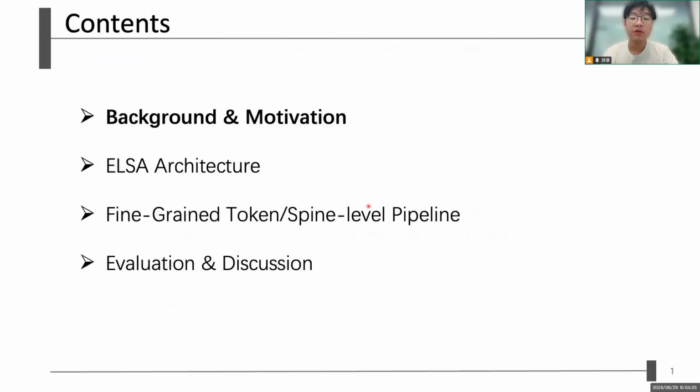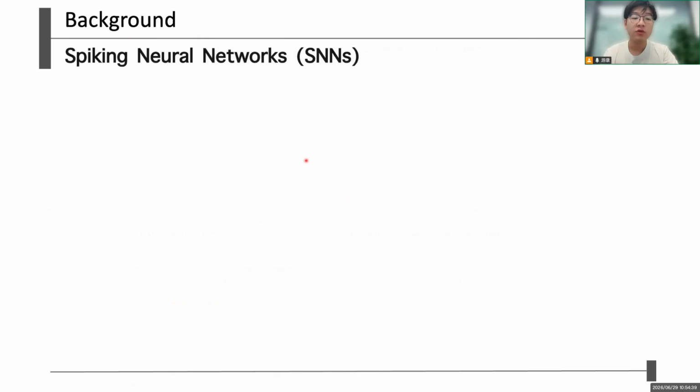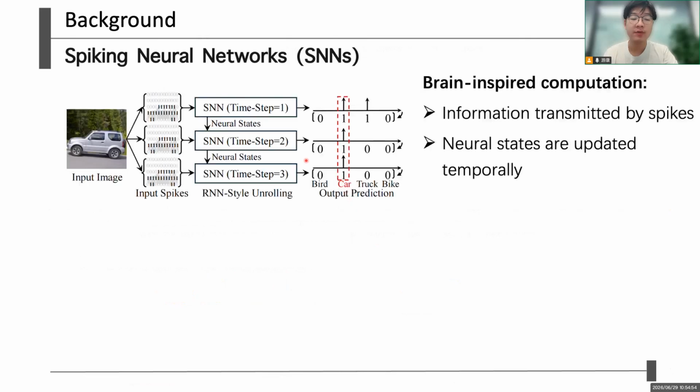Let's begin from the background and motivation of ELSA. Spiking neural networks, also known as the third generation of artificial neural networks, have been widely studied for their brain-inspired computation paradigm and their potential for high energy efficiency.